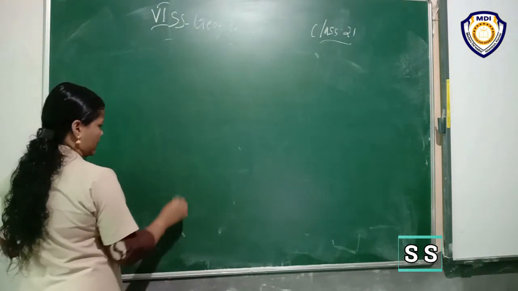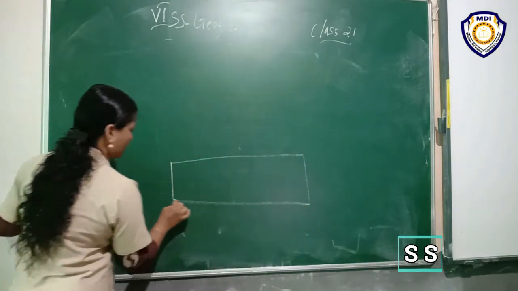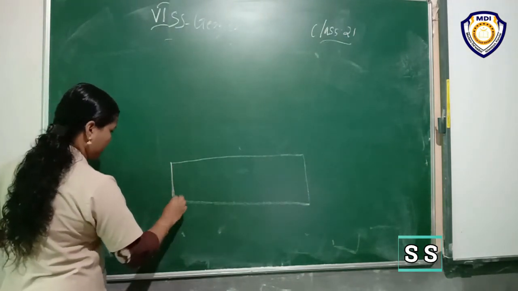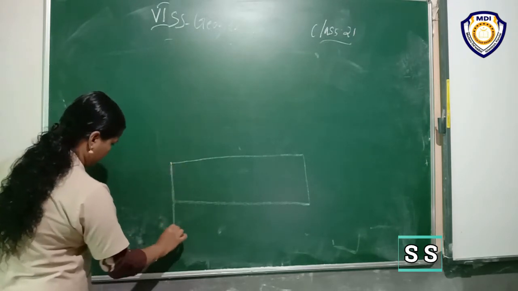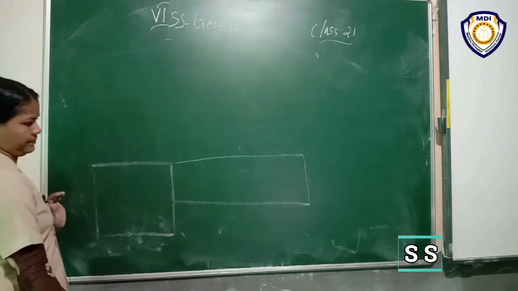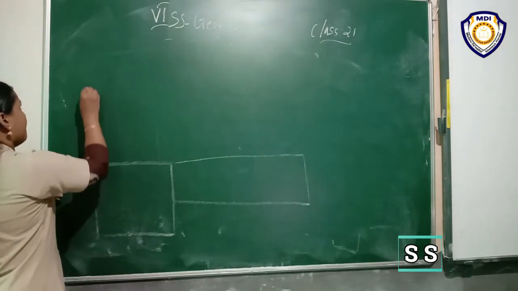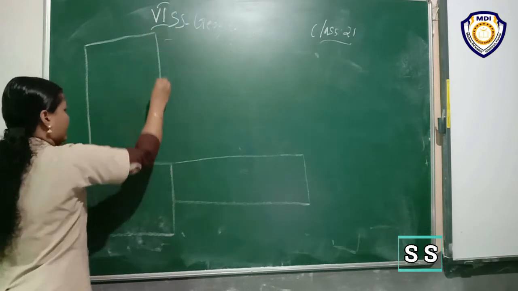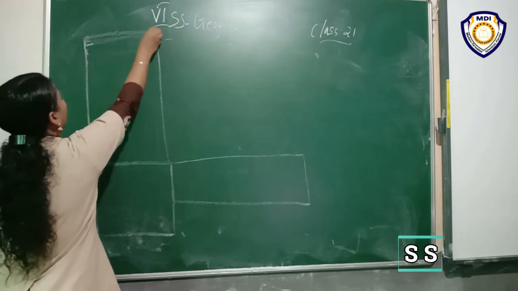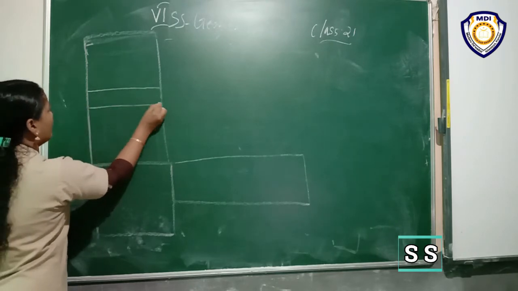ഫസ്റ്റ്ലി we saw there is one sit out. Okay, here we saw there is one sit out. Here is one place for car porch. Okay, then from here to here, from here to here, 2 bedroom.